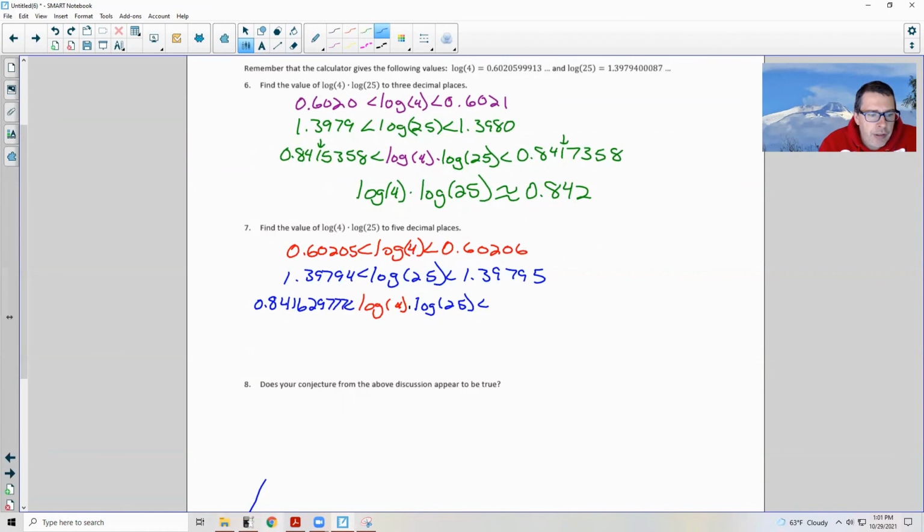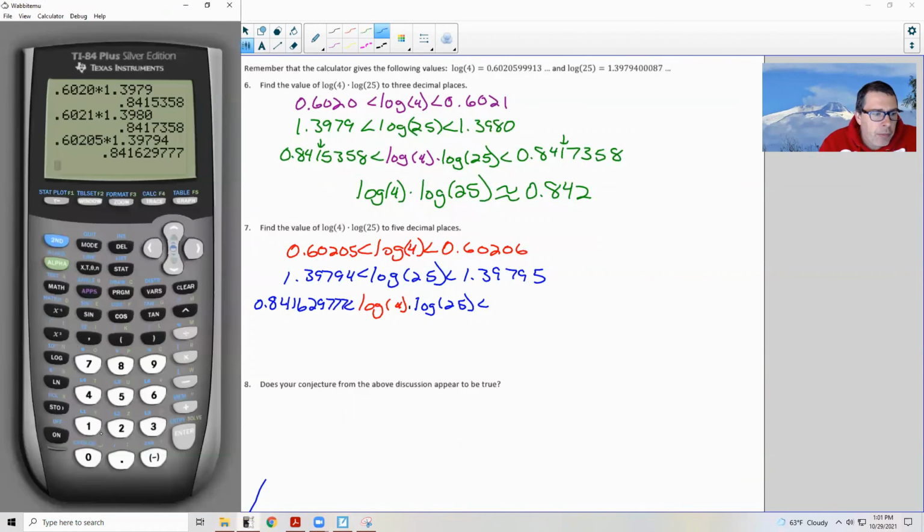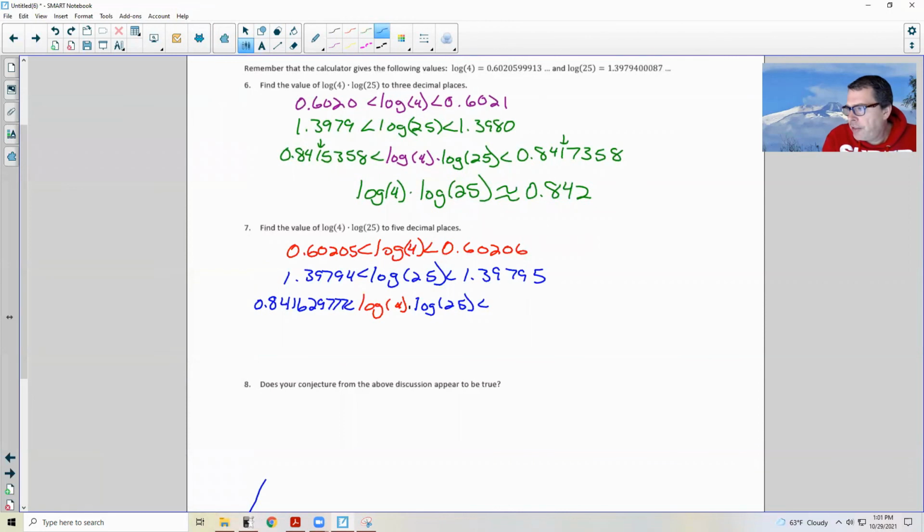And then over here, I do it again. It's going to be 0.60206 times 1.39795. Did I do that right? 1, 2, 3, 4, 5 to 5 decimal places. No, I didn't go enough decimal places. So let me fix this just 1 second.